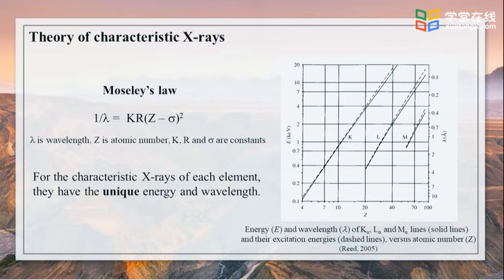According to Moseley's law, the energy of a given characteristic X-ray line varies approximately as the square of the atomic number of the emitting element, as shown in the figure. Characteristic X-rays of each element have unique energy and wavelength.